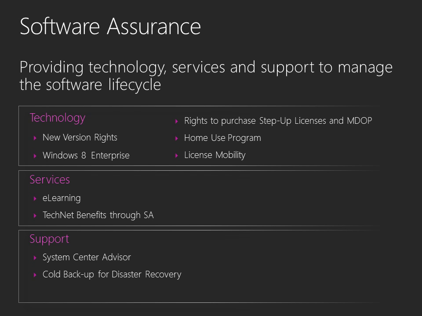You see some of the training, TechNet, and some of the support benefits as well. But it is worth noting that the list of software assurance benefits you get through the academic agreements isn't quite as big as the list you would get through your commercial agreements. And if you did want to check what benefits you were going to get, the product list is the document to go and look in.